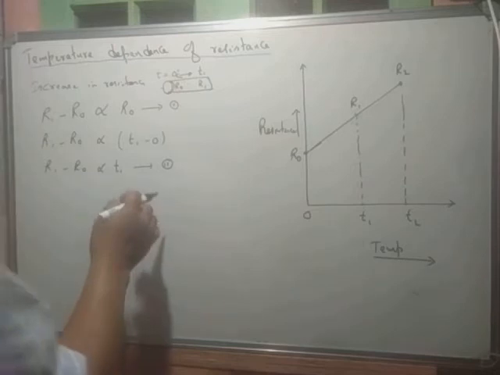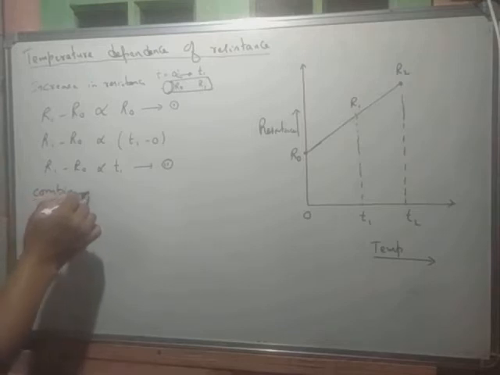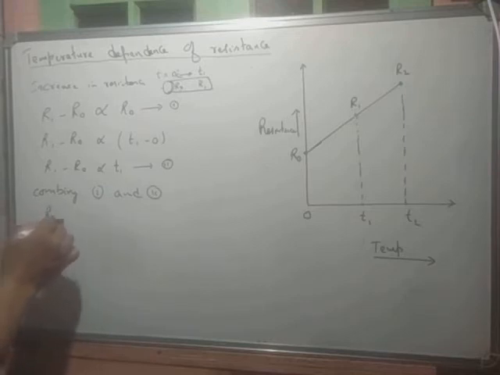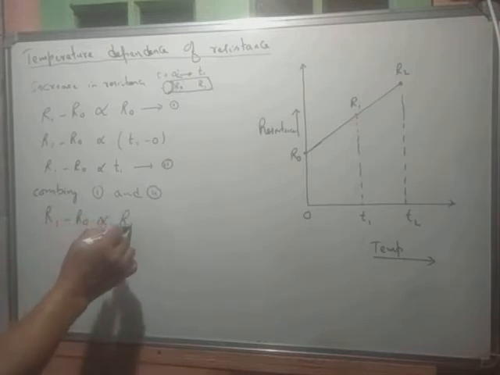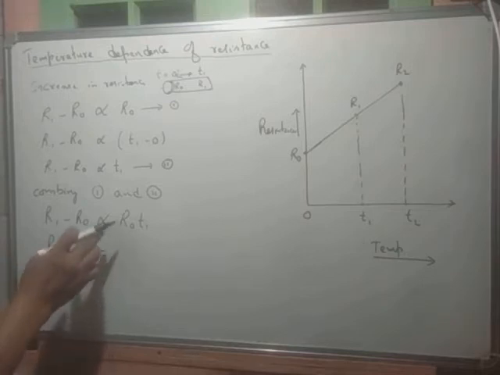If you combine equation 1 and equation 2, you will get increase in resistance, that is R1 minus R0, is directly proportional to R0 times T1. Or R1 minus R0 is equal to some constant.